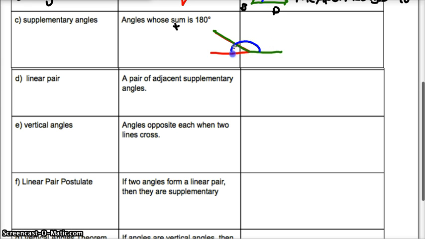There's 180 degrees here in this straight line. Using the same labels, I can say that angle ABC and angle CBD are supplementary.